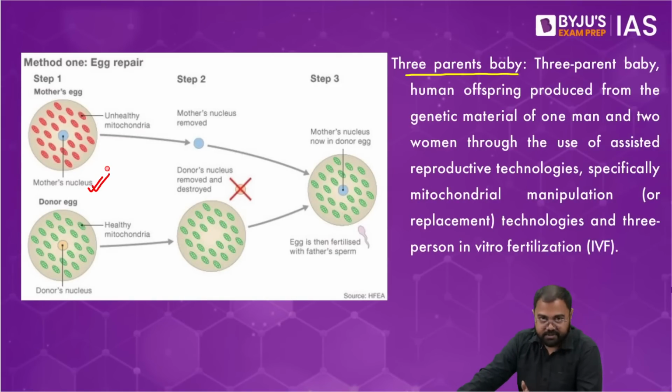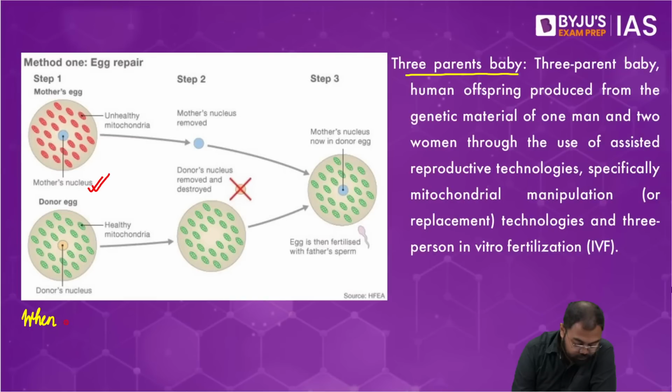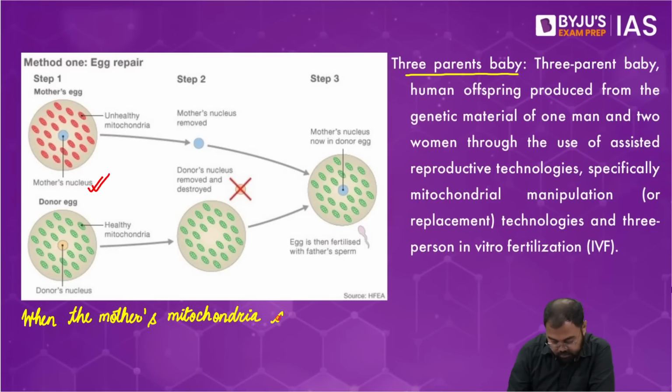Now, what is the process? So our answer to when do we use it? We use it when the mother's mitochondria are diseased. Why we use it?